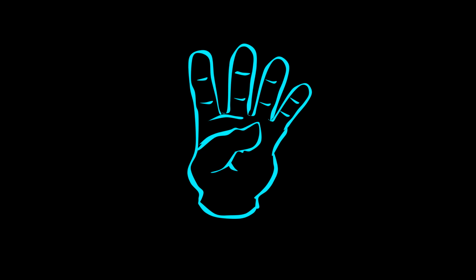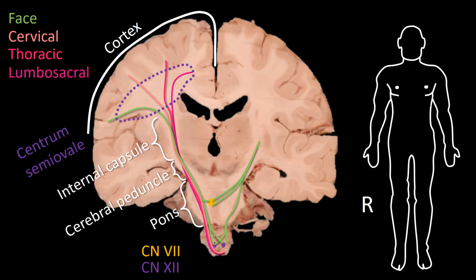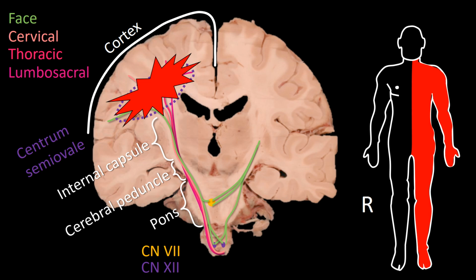In this question, we were presented with 4 choices. I will navigate each of them in the next few frames. In the first choice, the patient has a right centrum semiovale lesion. Such a lesion will involve the opposite side of the body and the lower quadrant of the face on the same side as the body deficit.